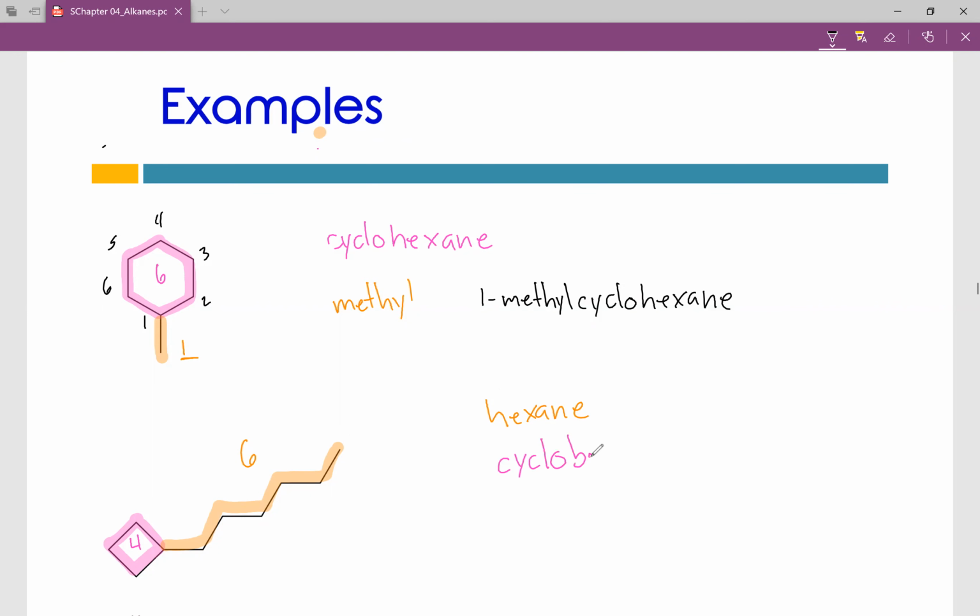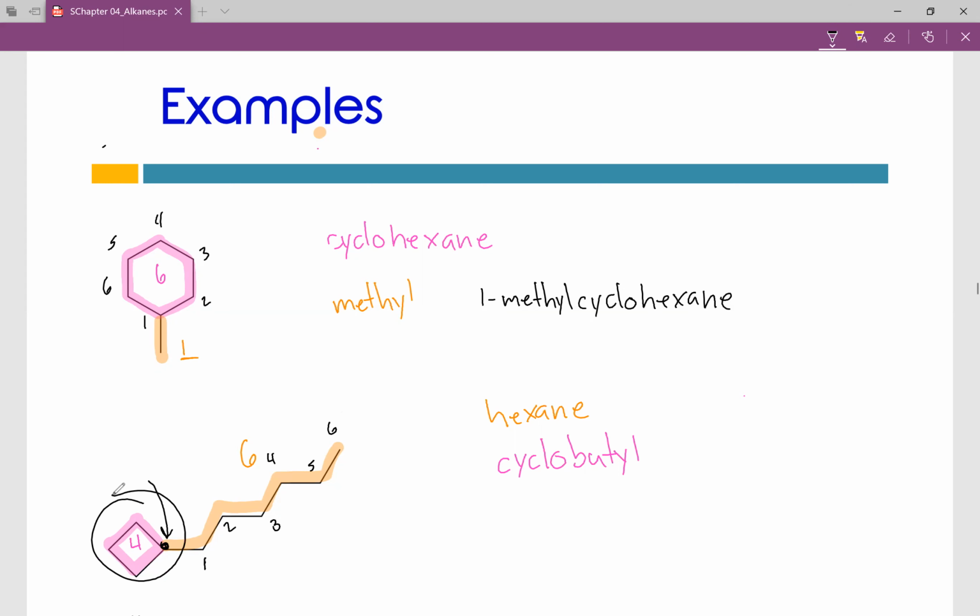Okay, so the name for this guy, if we number it, we can see it's going to be 1, 2, 3, 4, 5, 6. And the reason why I didn't make this one 1 is because this one is already part of our substituent right here.